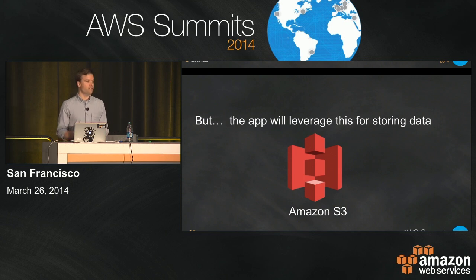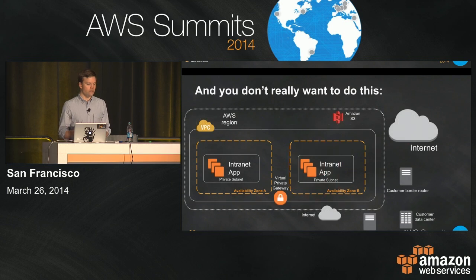Obviously, S3 is a great resource for storage, and lots of resources in a VPC need to talk to S3. In a situation where the only connection is private, the path to get to S3 would be very long and convoluted, right? So you have to go all the way to your corporate data center, back out your own border network, out to the internet, and back into the region. Obviously not exactly ideal.